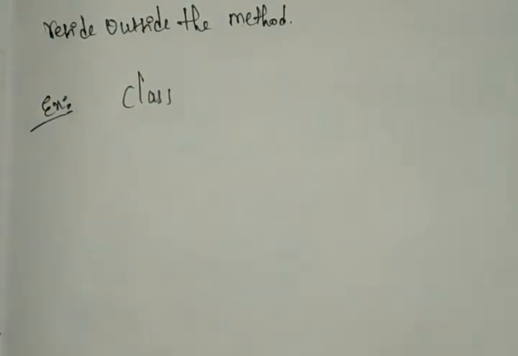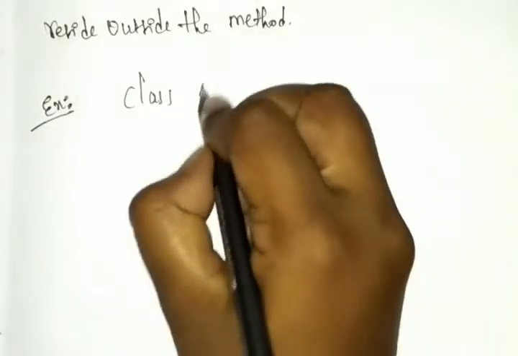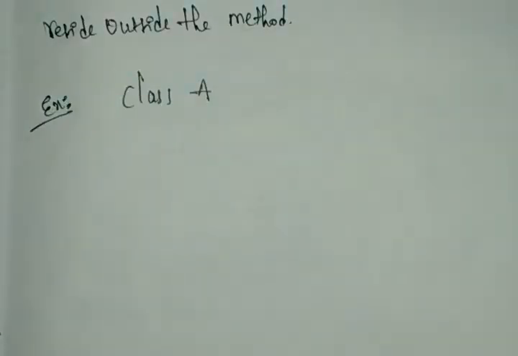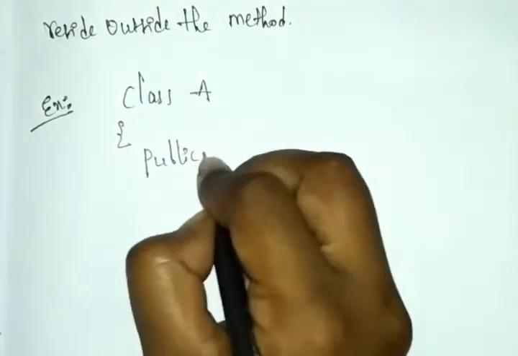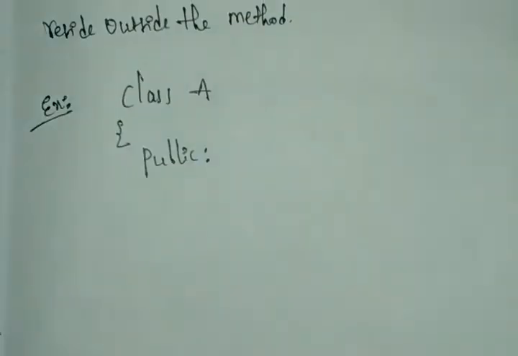I am taking the class name as A, just the alphabet A. And after that you need to open the braces, and then I am using public. Now we are inside the class. We started the class, right? So now we are inside the class.